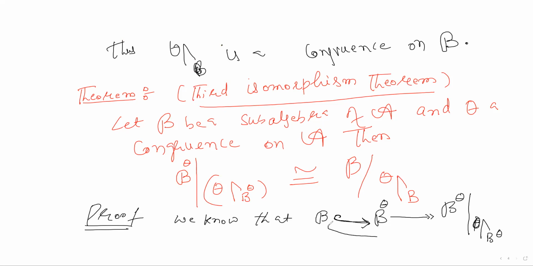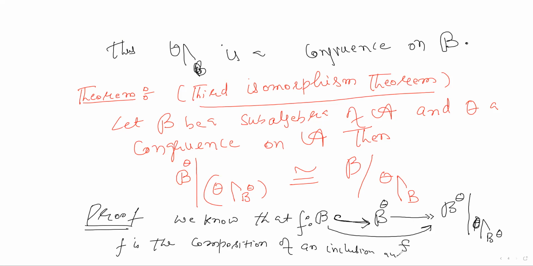Now call this composition from here to here as F. So I'm defining F from here to here. F is the composition of an inclusion and a natural projection.